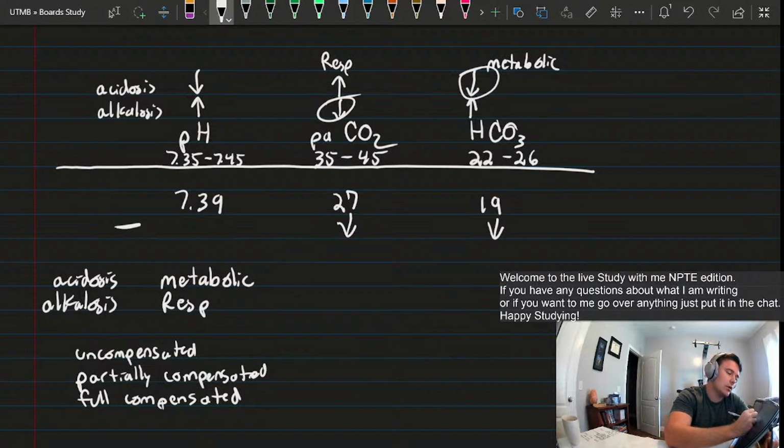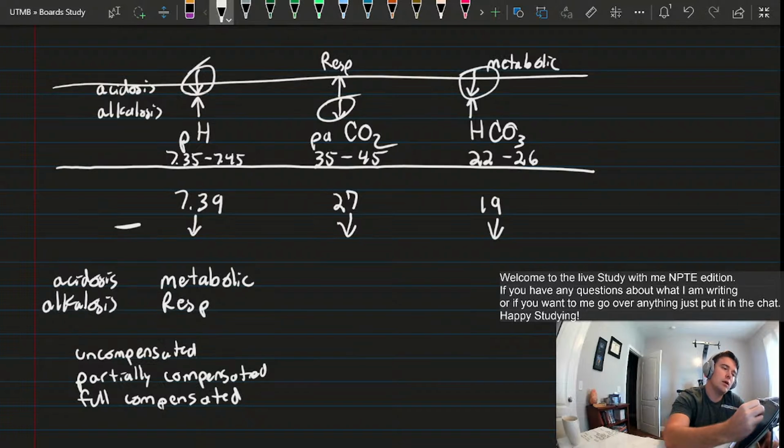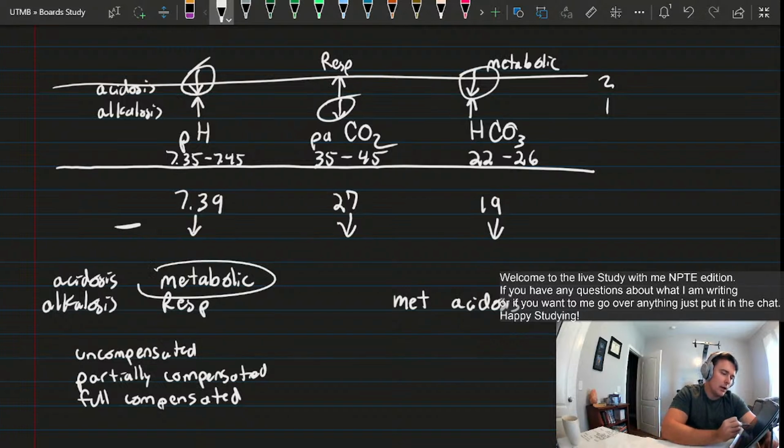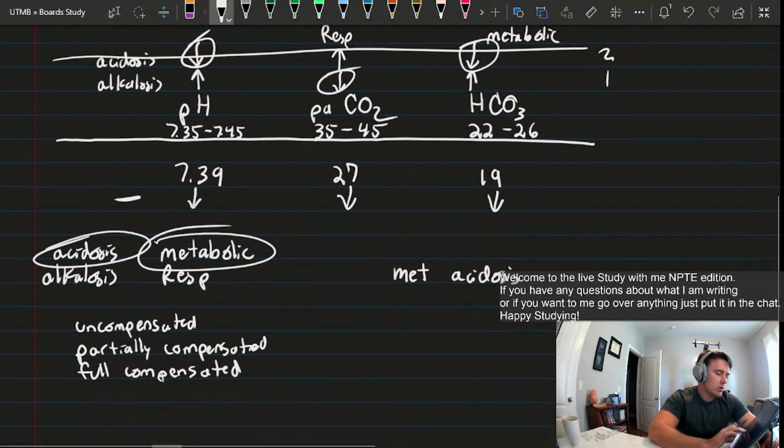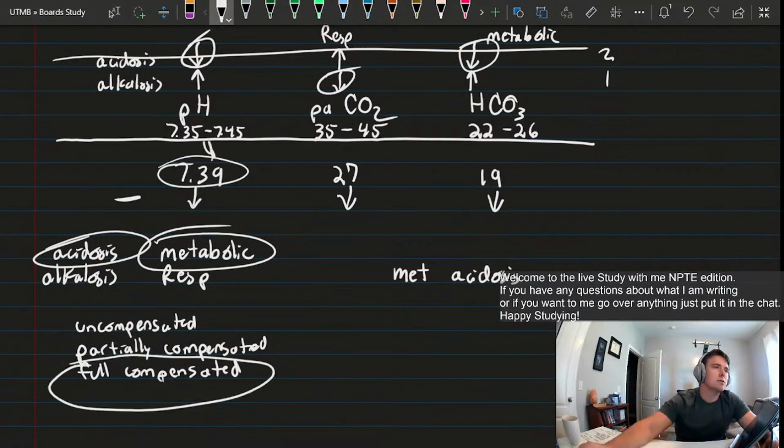So it is still just a tiny bit low, so we're still going to circle that down arrow. Draw your line. You got 2 and 1. So this is going to be metabolic acidosis. So we know it's metabolic acidosis. And that is the correct answer, C.